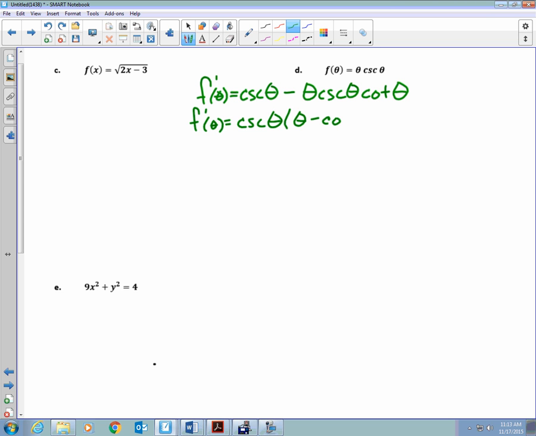You can decide, whoop, if I factor out cosecant, I get 1 minus theta cotangent of theta. And I do think that this is a little bit nicer if we take the derivative this way. So the second derivative, what's the derivative of cosecant of theta? Negative cosecant of theta.